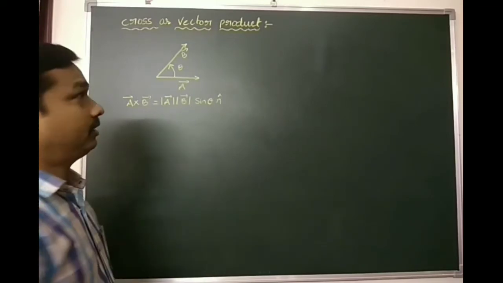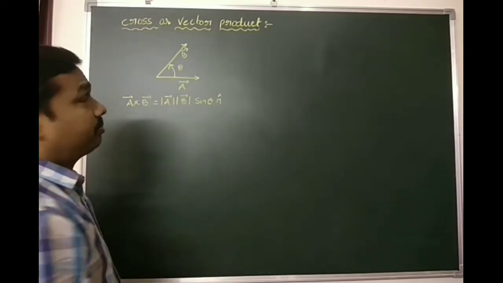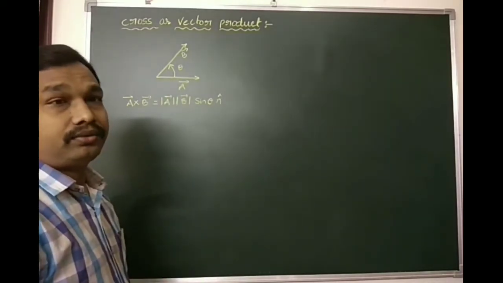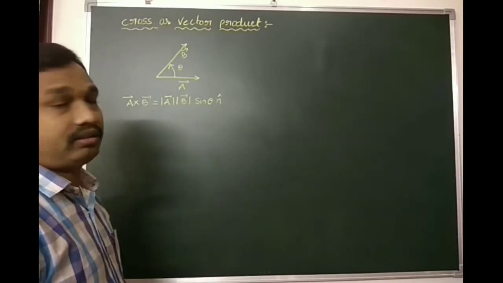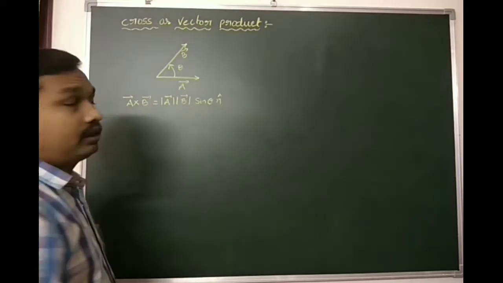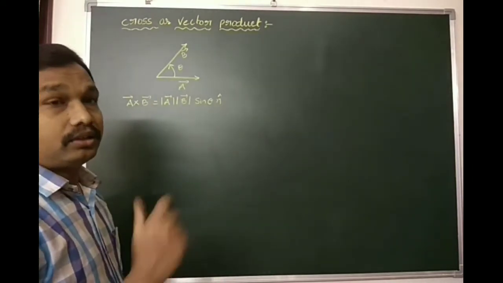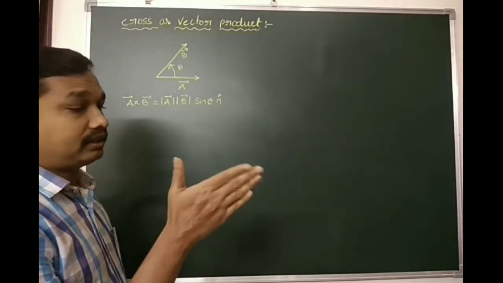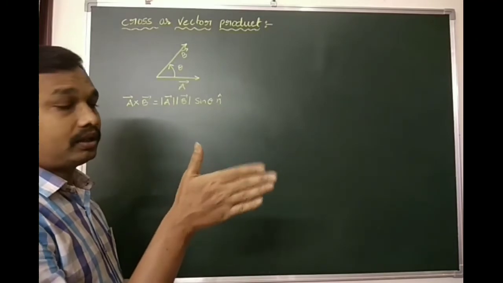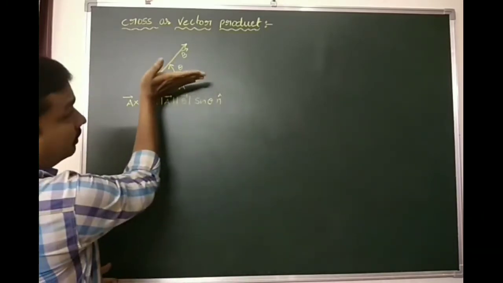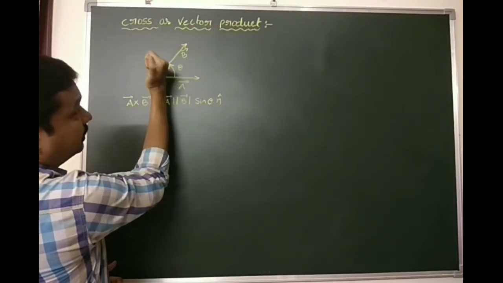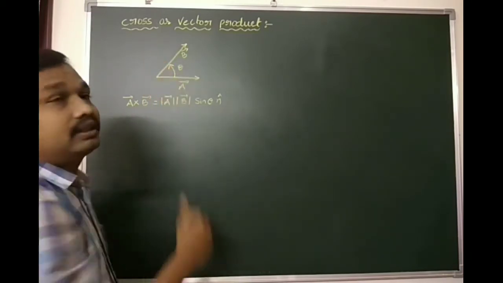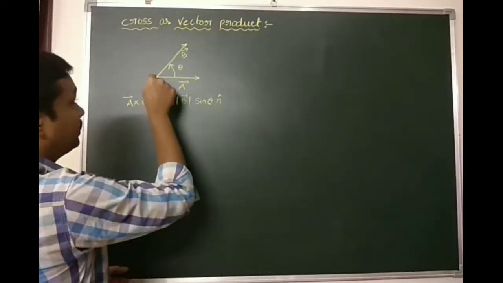If you do a cross product, what is the direction of the resultant vector? We can find it by using the screw rule, or else you can call it the hand rule. If we turn from vector A towards vector B, then the thumb indicates the direction of the resultant vector.